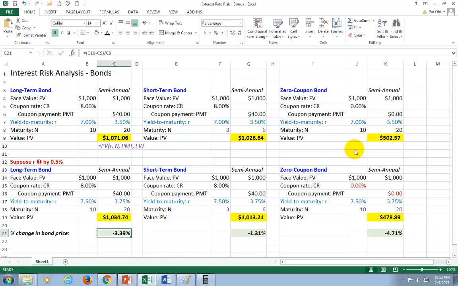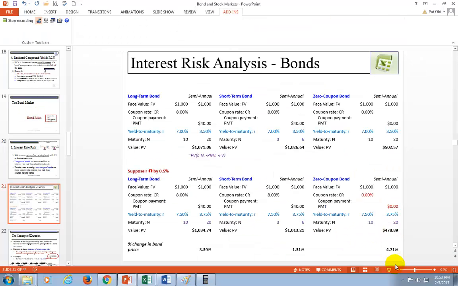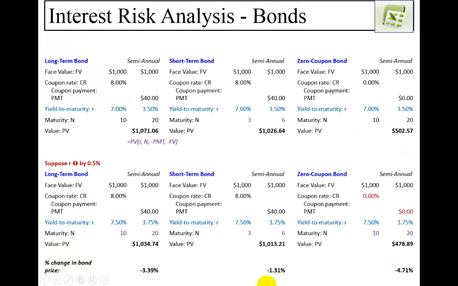And for the same maturity, you find that a zero coupon bond, a bond that pays no coupon, would experience a much heavier decline in its value on account of the same increase in interest rates. So now, going back to the presentation, all of that is summarized in this lovely spreadsheet that I imported into your PowerPoint presentation.